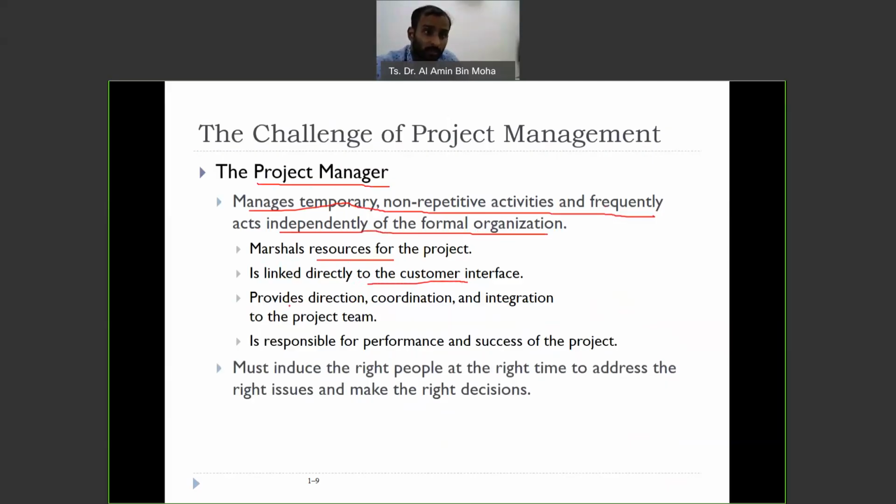You need to be a good manager and sometimes a good leader to provide direction, coordination, and integration to the project team, and also be responsible for the performance and success of the project. Of course, you're going to be blamed for the failure as well. The toughest thing is to induce the right people at the right time to address the right issue and make the right decision. So this is basically understanding the challenges of the project manager.